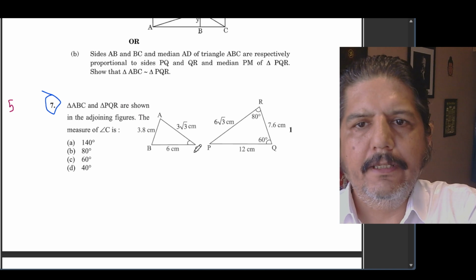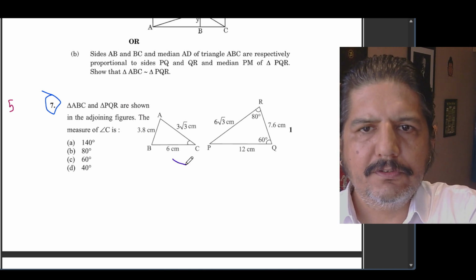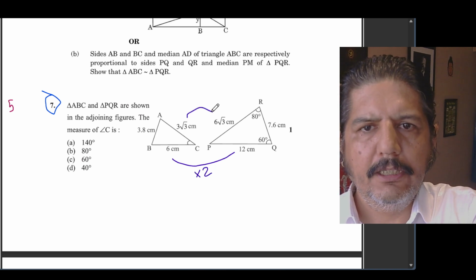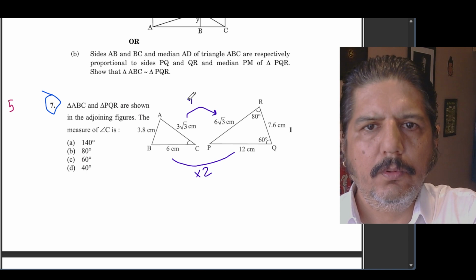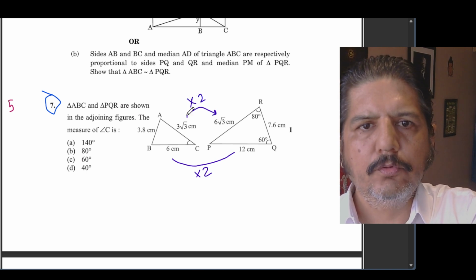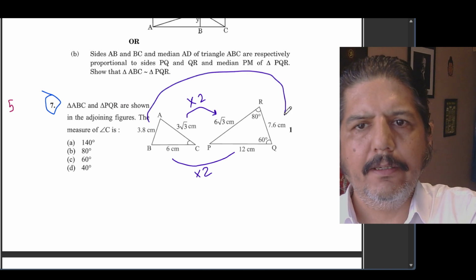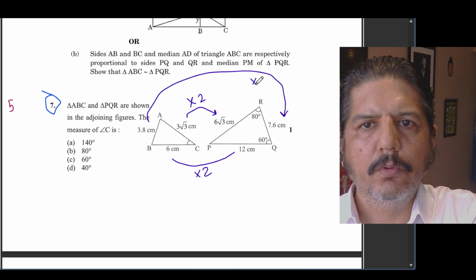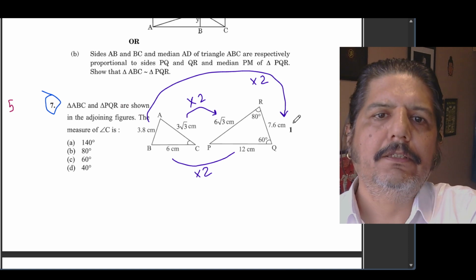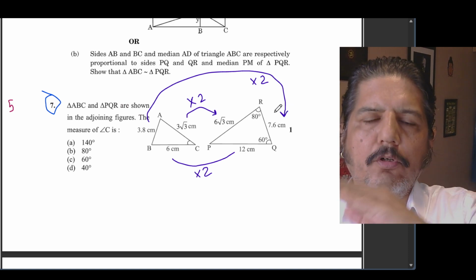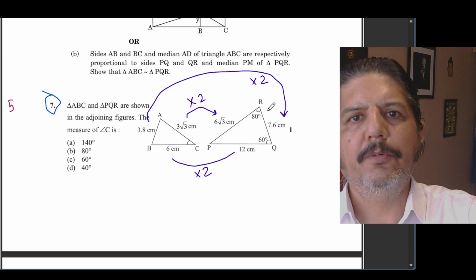So if I look closely, I can see a relation. So this is 6 multiplied by 2 is 12. 3 root 3 multiplied by 2 is 6 root 3, and 3.8 multiplied by 2 is 7.6. So these would be the corresponding sides and the corresponding angles would be equal.